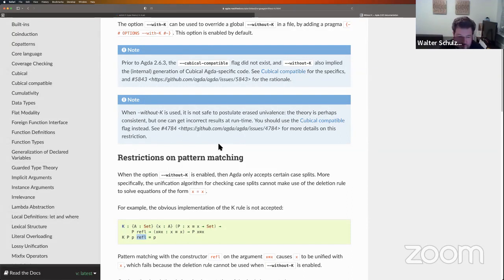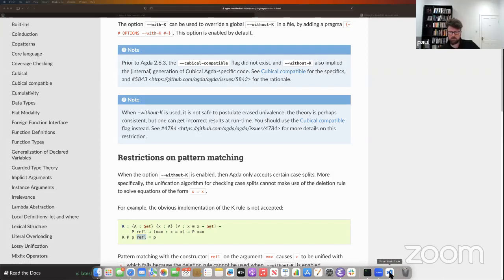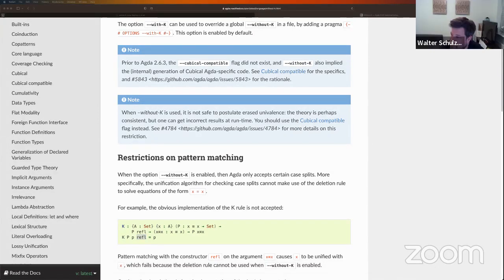I think I'm still struggling. One thing I think I can understand maybe is that we can only pattern match on things that we know how they were constructed, right? So if that thing has only one constructor, then it has to be uniquely constructed.